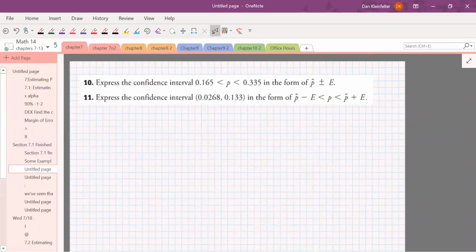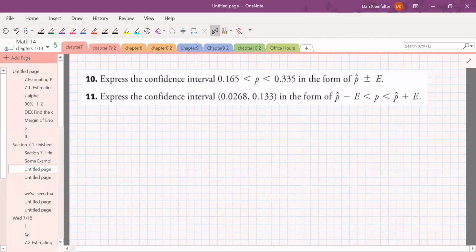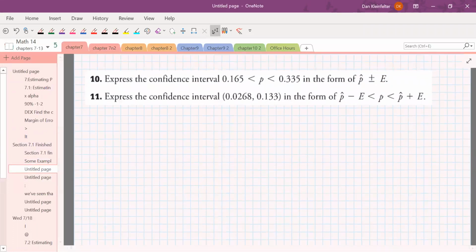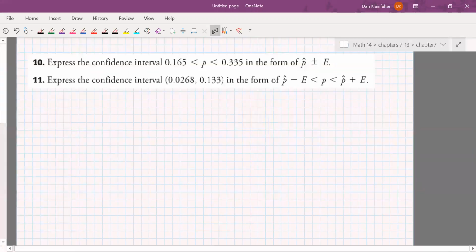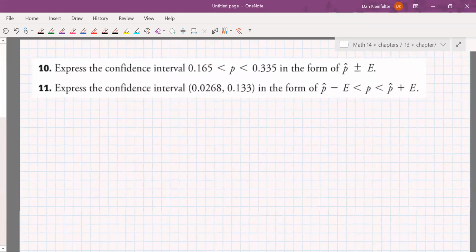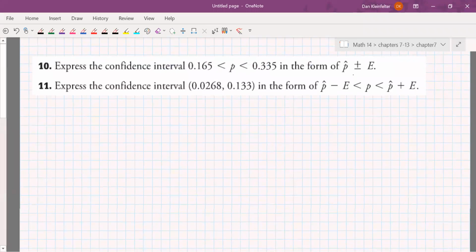Okay, a little more practice at rewriting an interval. In number 10, we have an interval expressed in inequality notation, and we want to write it using the plus minus symbol. Number 11 is in interval notation, and we're going to rewrite it as a three-part inequality. So here we want to figure out where P hat is to begin with.